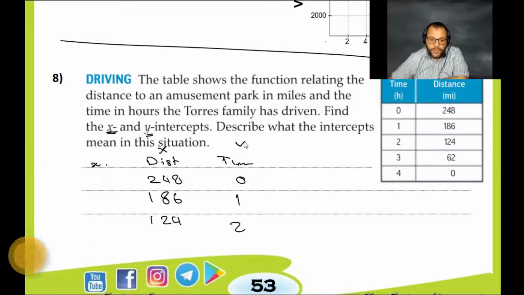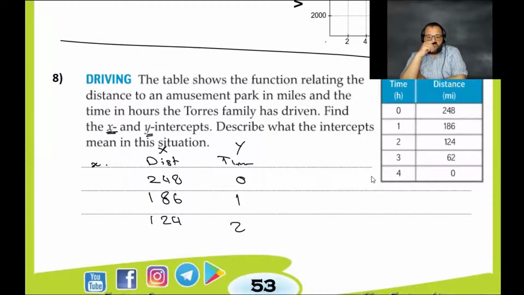You said because we always write the x at the left and y at the right, so I changed the order. If you don't know the answer, we can ask another one. I know the x-intercept and y-intercept, but I don't know how to explain.